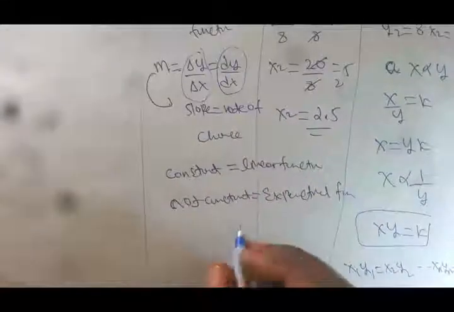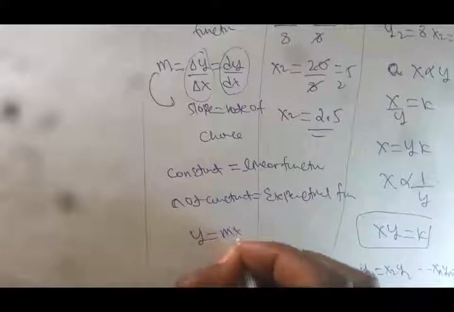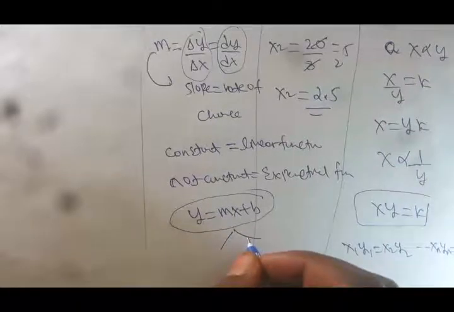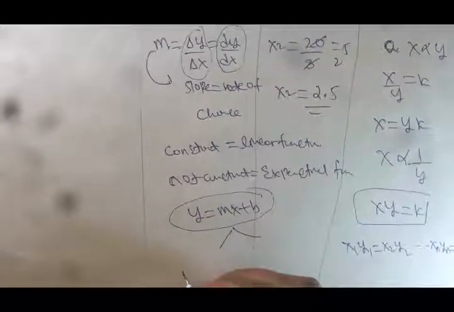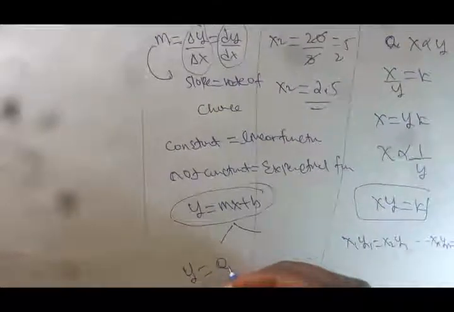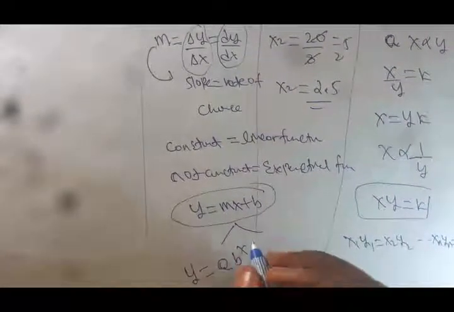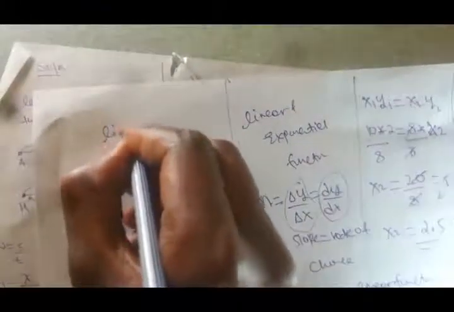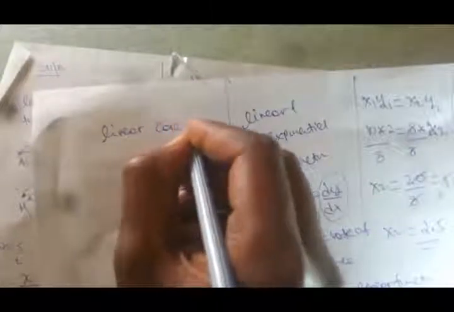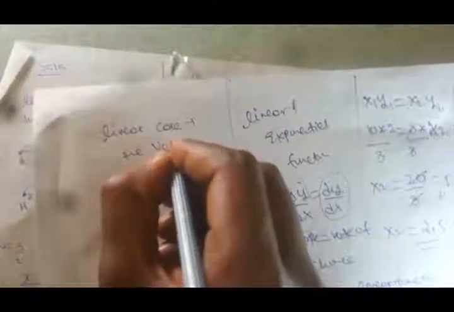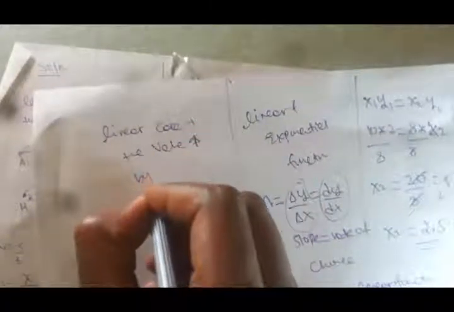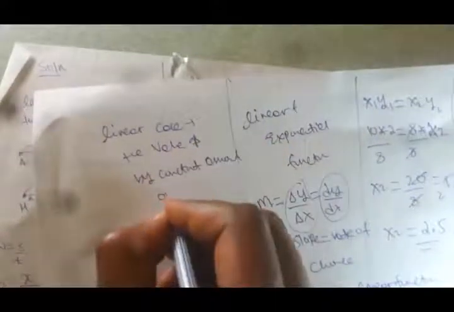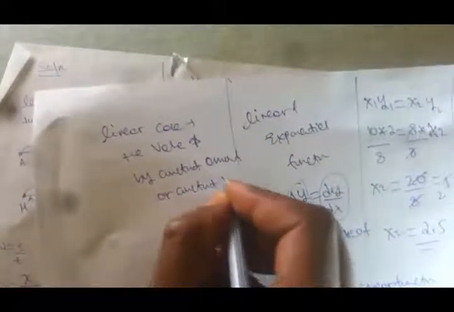And linear function has a general formula of y equals mx plus b, and exponential function can be two types, exponential decay and exponential growth. And exponential function has a form of y equals a times b raised to x. In the linear case, the value increases by a constant amount or constant value.